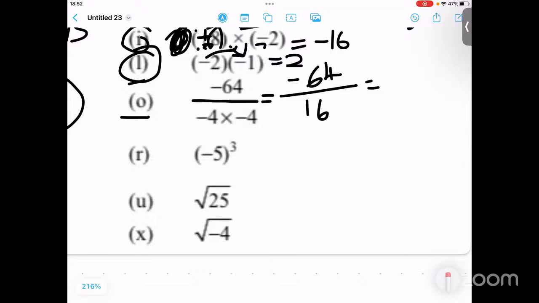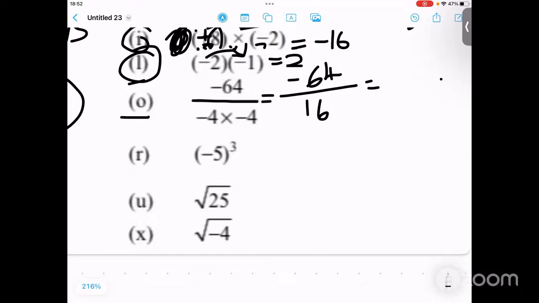So what I did is I first calculated the number that we're dividing with, which is negative 4 multiplied by negative 4, and I got 16. And then I said 64 divided by 16, I got 4. You got 4. What happened to the negative here? Did it vanish?